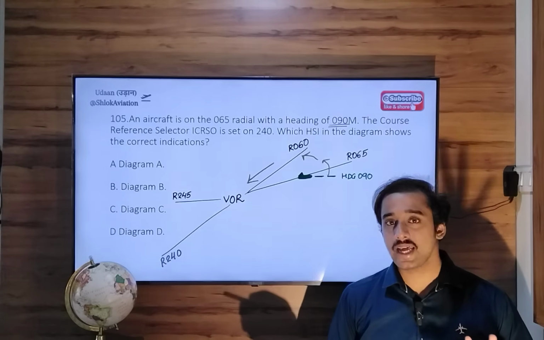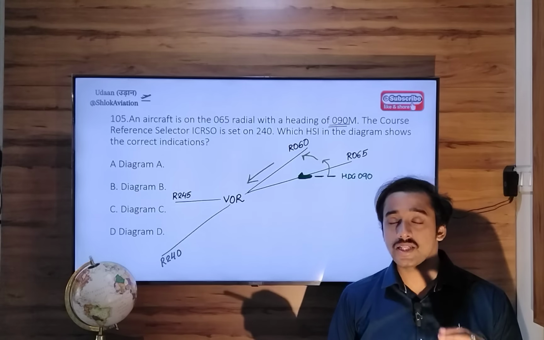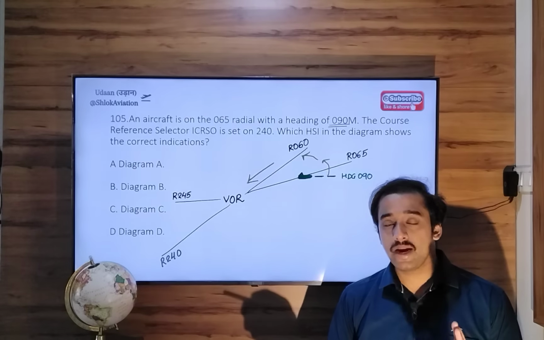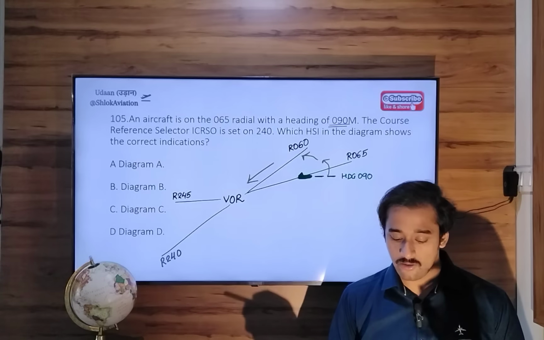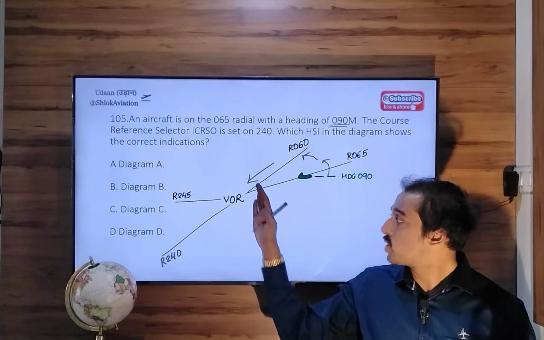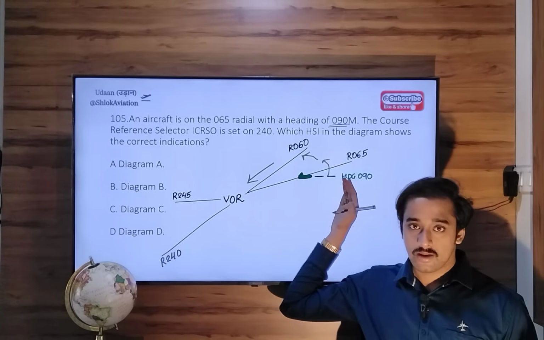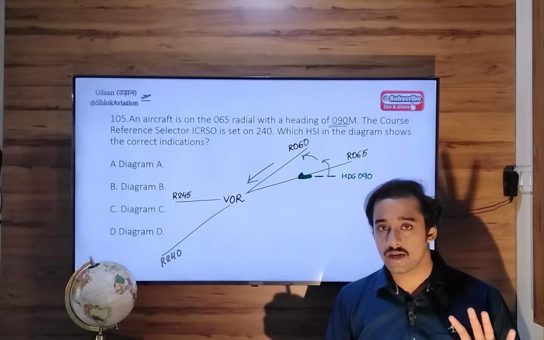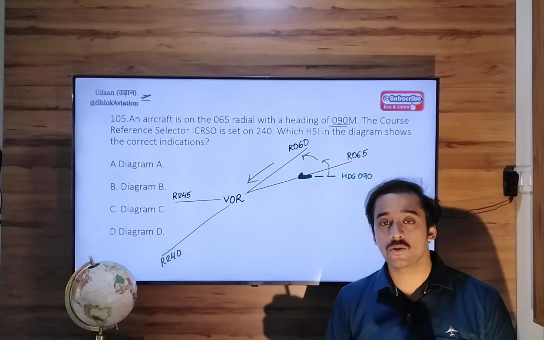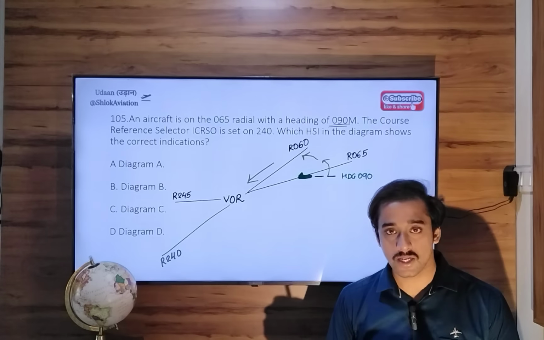Now the HSI indications register aircraft heading. Depending on your aircraft heading, you will get left and right indications. So now with a heading of 090, you will be flying outbound. Unlike the OBS selector, where we have to ignore the heading of the aircraft, in HSI we have to take the heading of the aircraft into consideration.